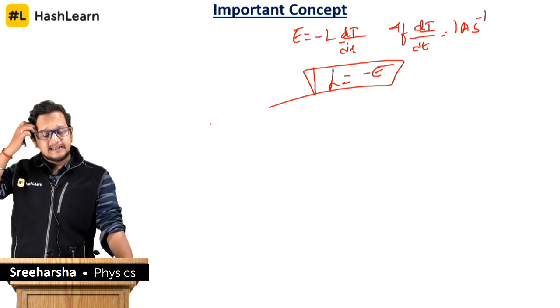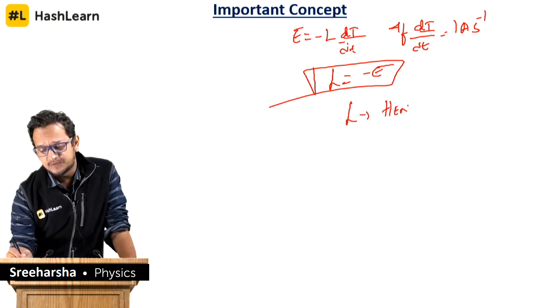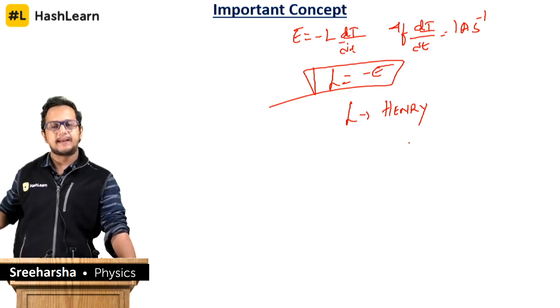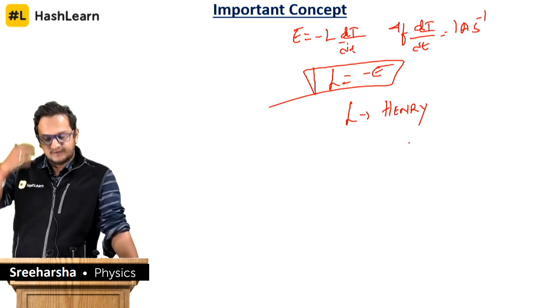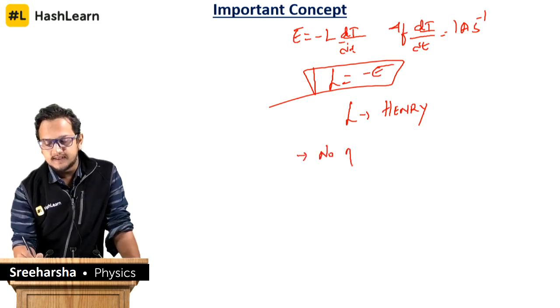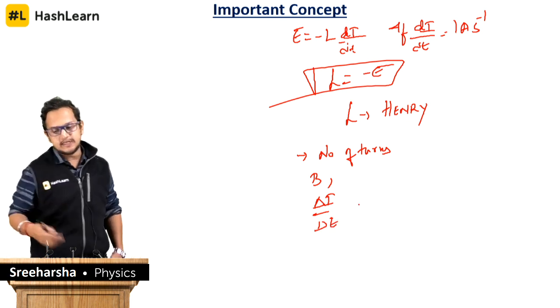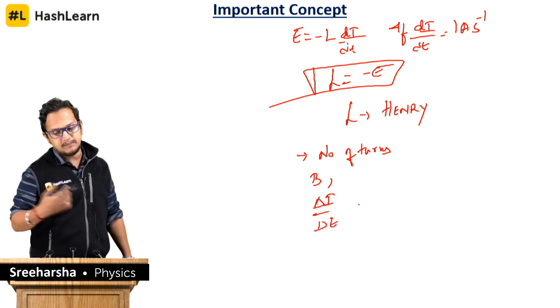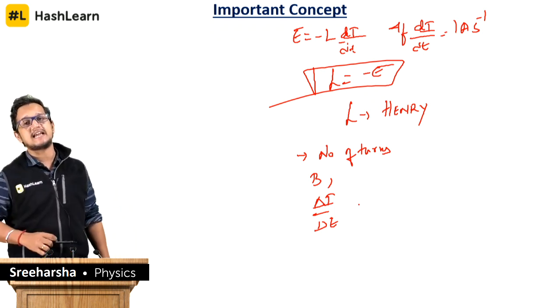Now the SI unit: the self-inductance is expressed in the unit called Henry. So Henry is the SI unit of self-inductance. The self-inductance depends on the number of turns, the magnetic field value, the change in the current, and the change in the time interval.